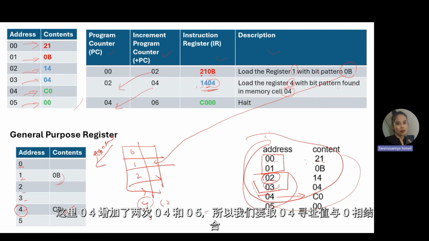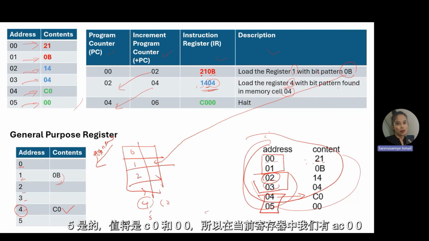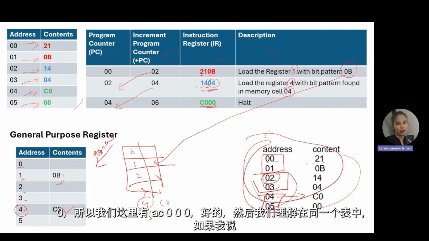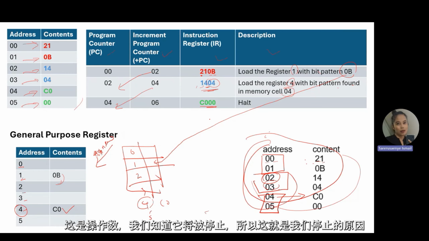So we take the 04 address value combined with 05, and the value will be C0 and 00. That's why in the current register here we have C000. And we understand in the description table that if this is the operand, it's going to stop. So that's why we stop.